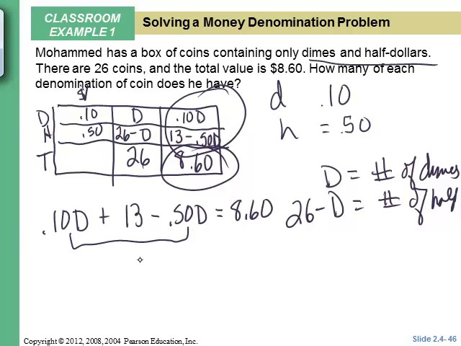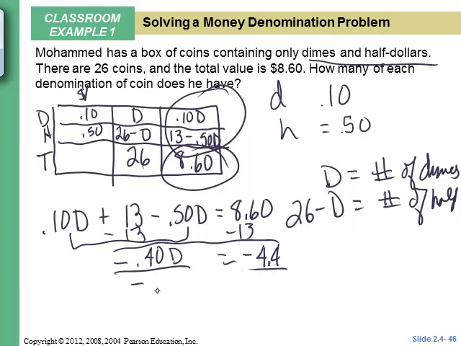Combine these two, you have negative 0.40D. Subtract 13 from each side, equals negative 4.4. Divide both sides by negative 0.40.